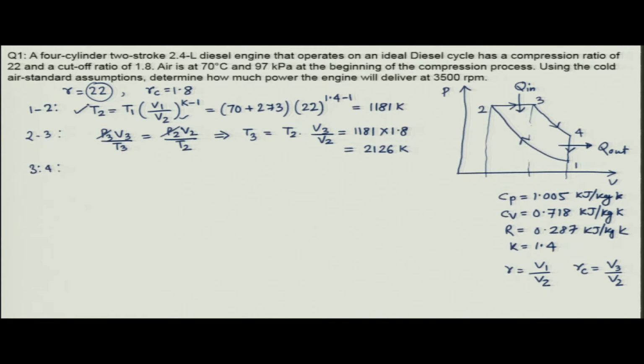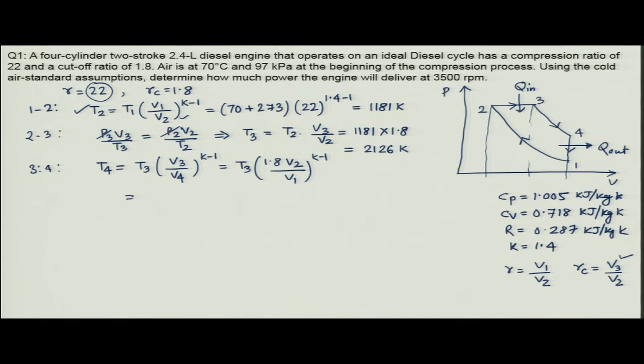Again we will use this formula basically to obtain the final temperature T4 after the expansion step, and this is the formula that we are going to use. Now, we have to find what is V3 upon V4. V3 I can write as RC times V2, so this is 1.8 times V2, and V4 is nothing but V1.